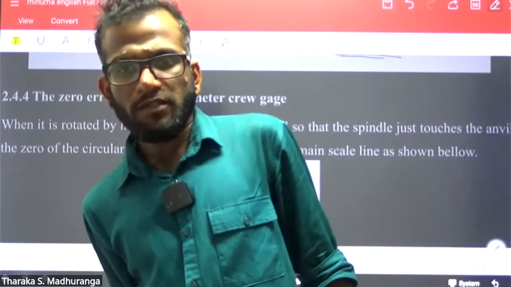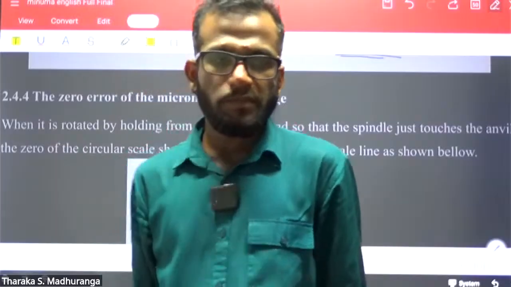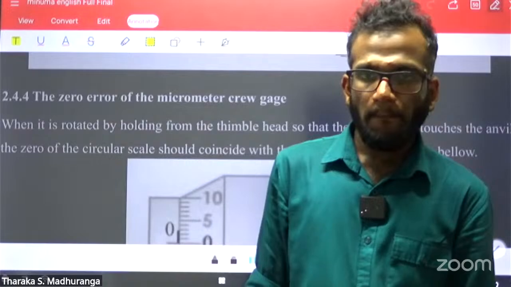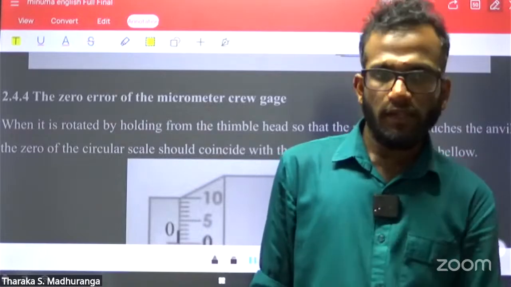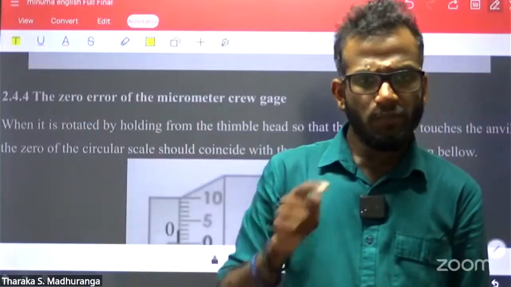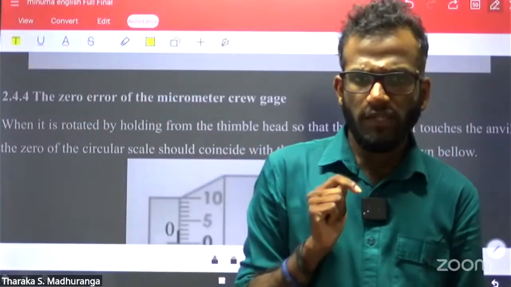Paper structure. Paper structure means we have the A-level paper structure. Okay, that I will explain. First day I already discussed. If you want, you can go to the recording and check this.